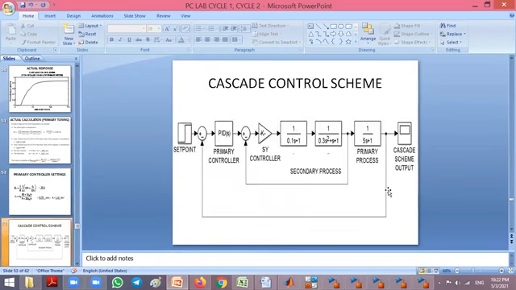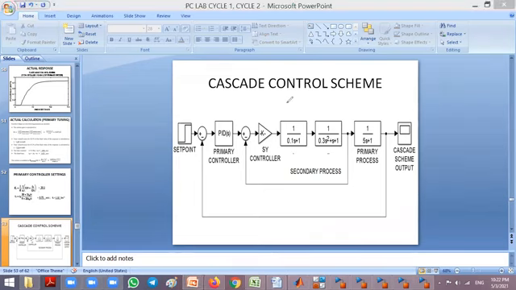Now we are implementing. Already the secondary loop was implemented, where we set the gain as 6 point something, I don't remember correctly, 6.83 I think.